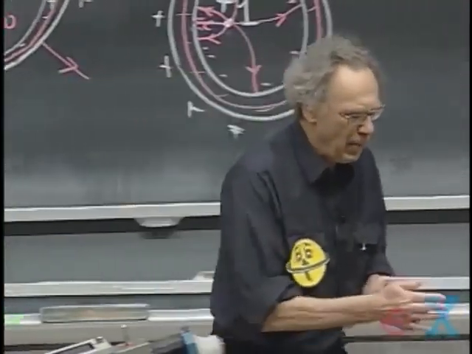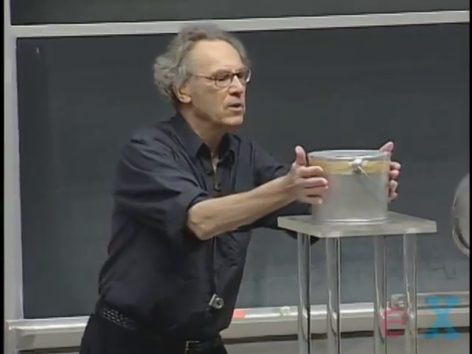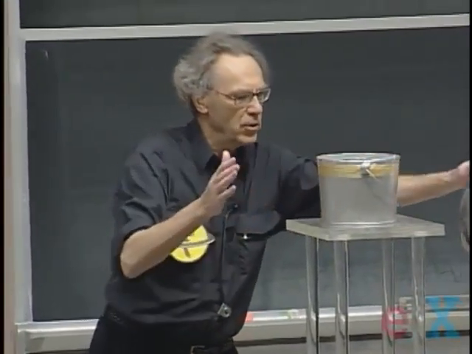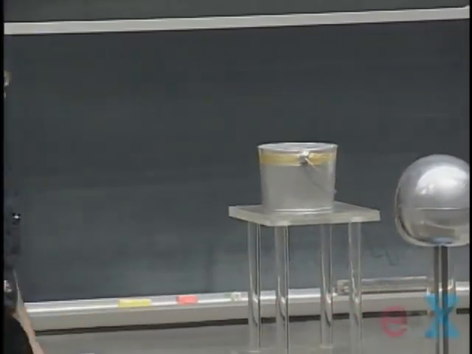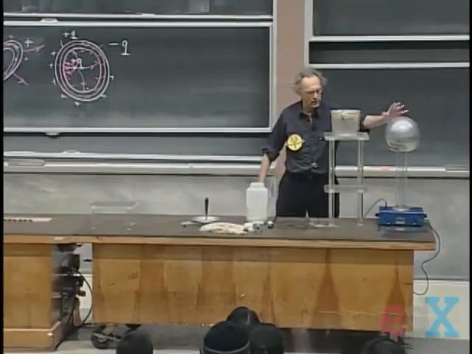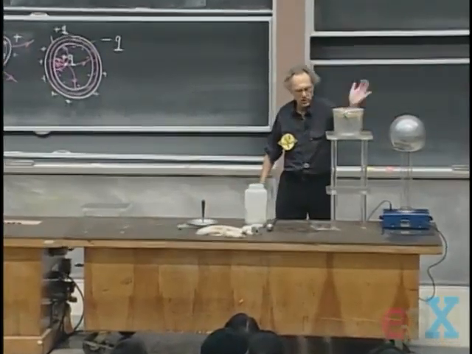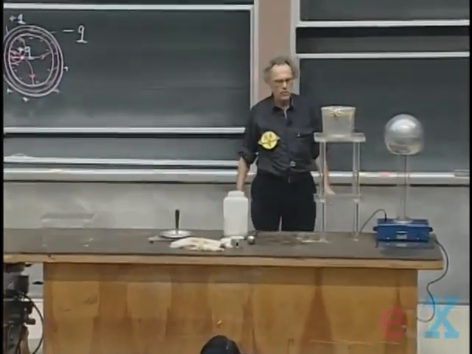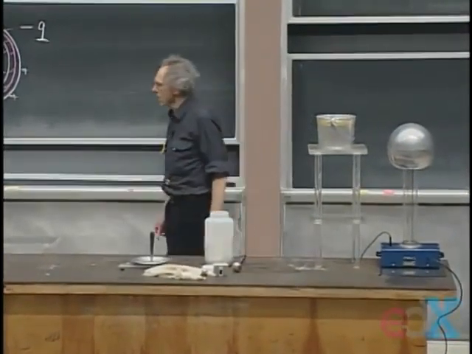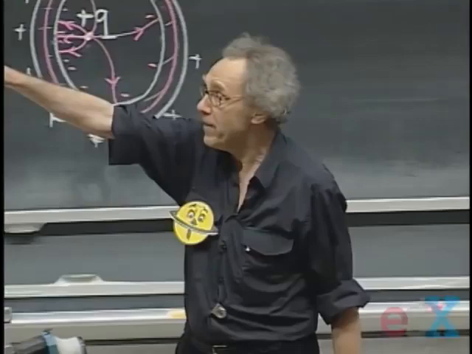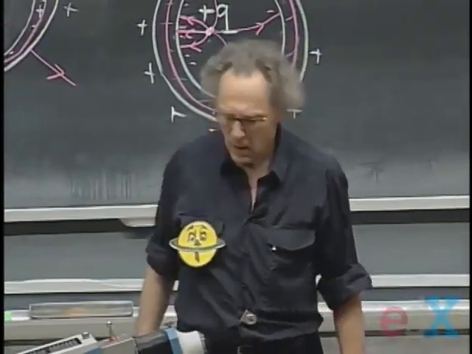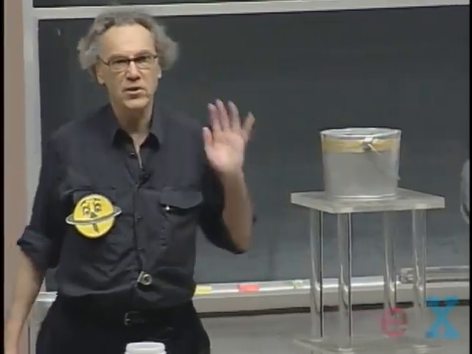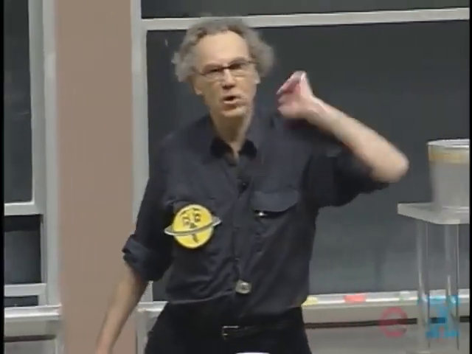I want to demonstrate this when I bring this can in the electric field. It's a conducting, hollow object. I bring it in an electric field of the Van de Graaff. The thing is a conductor. I will show you that because of the induction, you're going to get, like you see on that figure, negative charge on one side, positive charge on the other side, and zero charge on the inside.